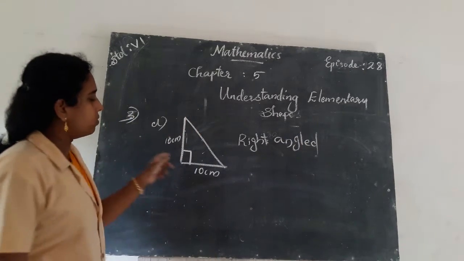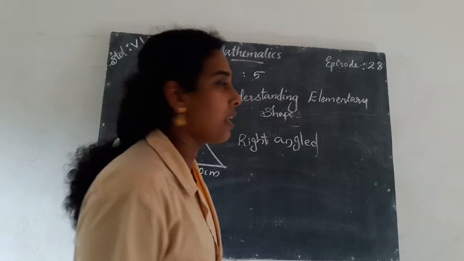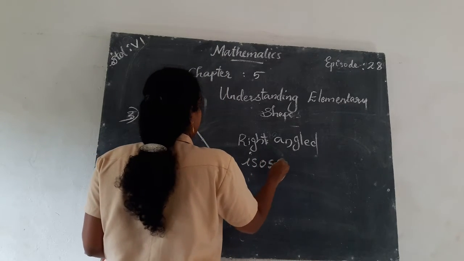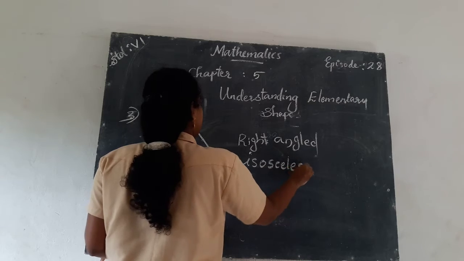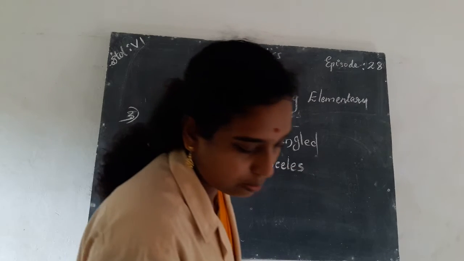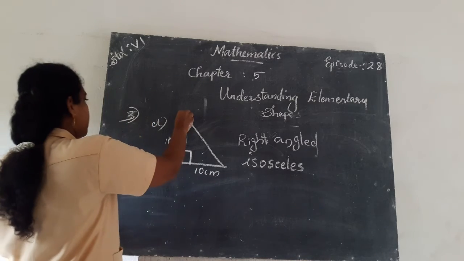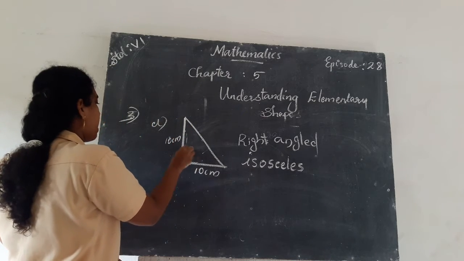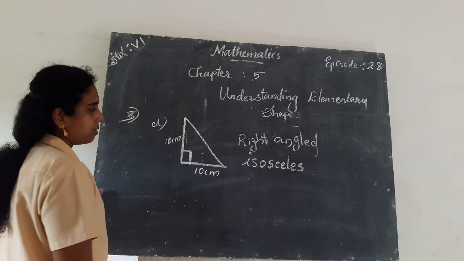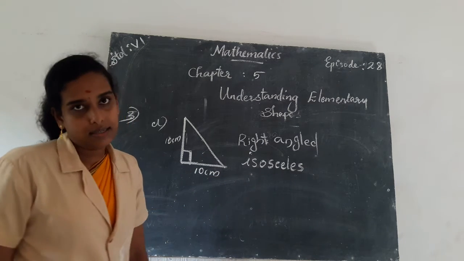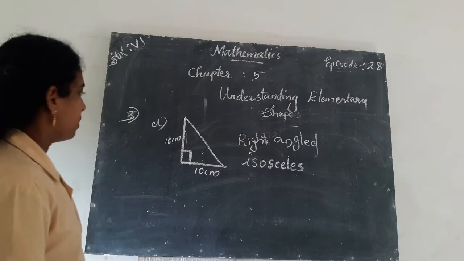And here the two sides are of equal length, so it is an isosceles triangle. Right angled and isosceles triangle. Right angle means this angle is 90 degrees, and the two sides are equal, so it is said to be an isosceles triangle. Then next one.